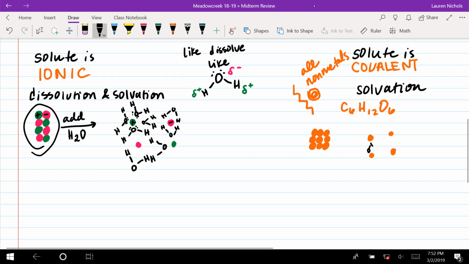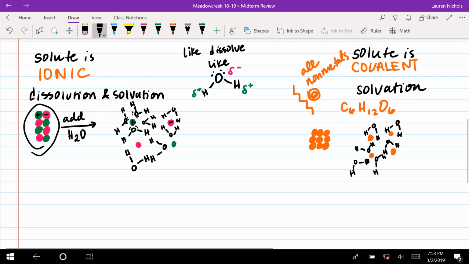But here's where it's different. It doesn't really matter how the water orients itself, because remember, covalent compounds do not have charges. The only thing that's happening is that the water is getting in the way and preventing the sugar from rejoining.